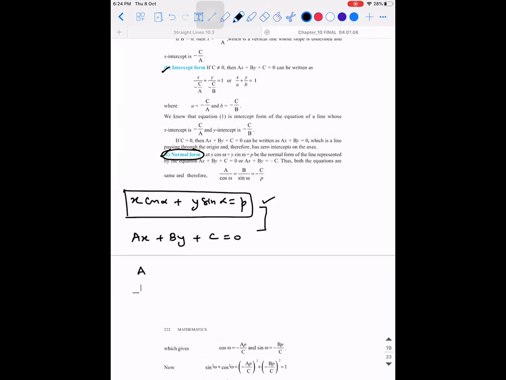So for that, ax plus by will be minus c. Accepted? Let's do one thing. I will divide by minus c on both sides. So ax by minus c plus by by minus c is 1. Is there any doubt, guys? I want you all to write it parallelly.